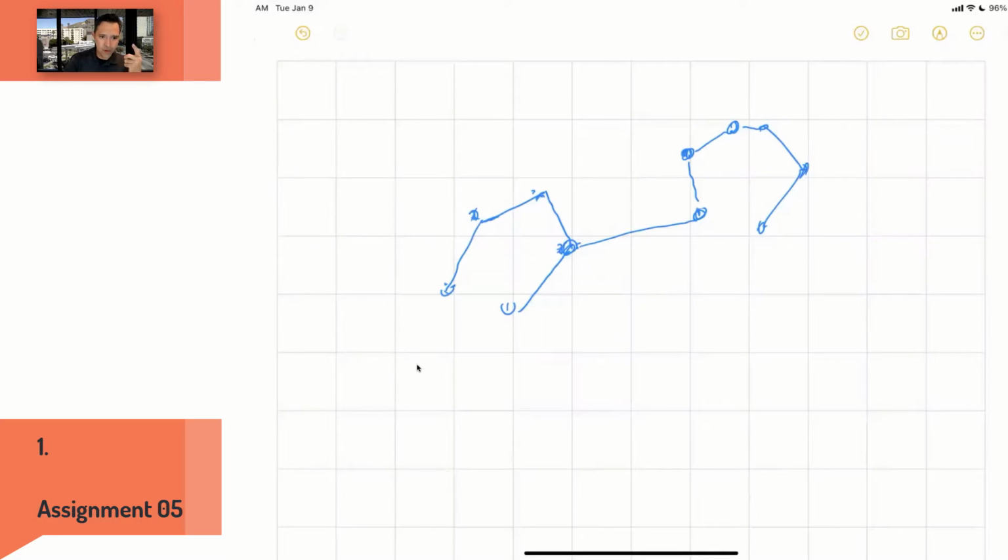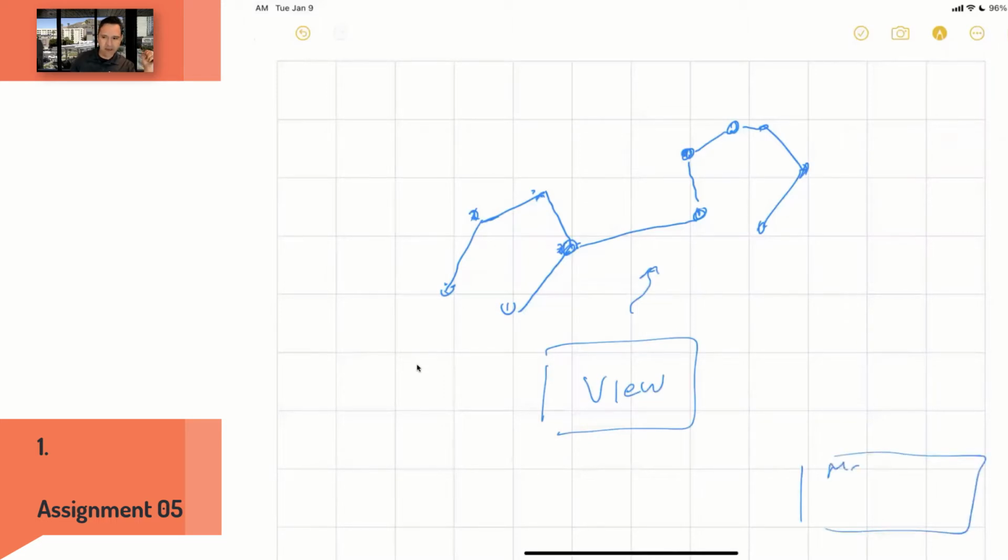Yes, the other question. Remember, the idea here is you have the view. The view is the one that is showing you this, but all the process is happening in the model. Here in the model, you have a lot of classes that basically are working with a data structure.